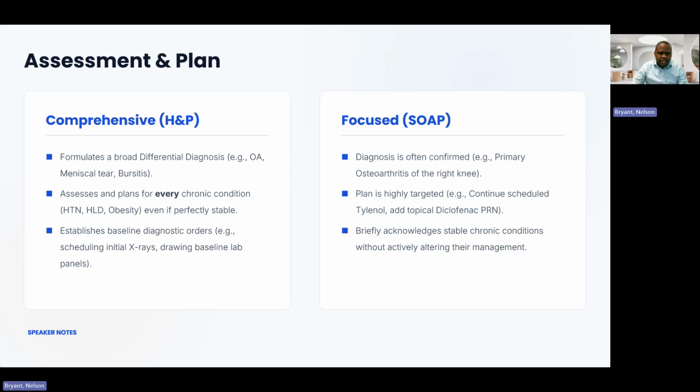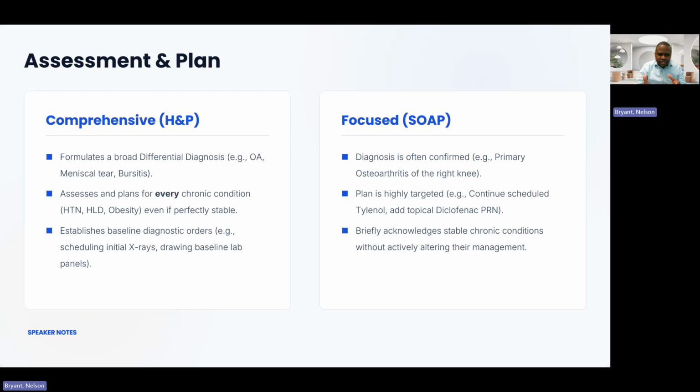What do you put in your assessment and plan? For the comprehensive assessment or your head to toe, you are formulating your differential diagnosis. It's very broad differentials, and then you're addressing every chronic condition, even if they are stable.